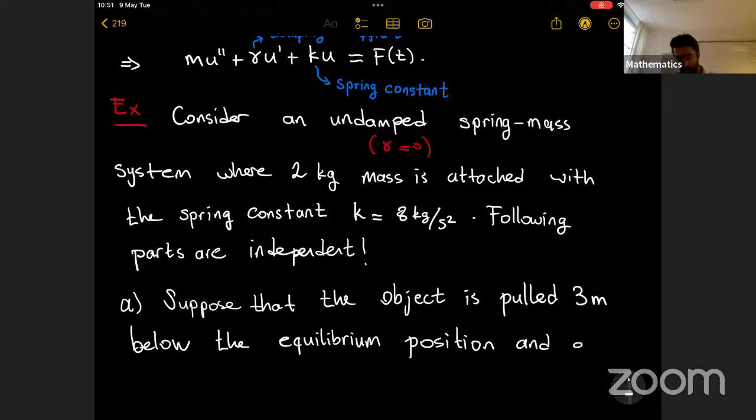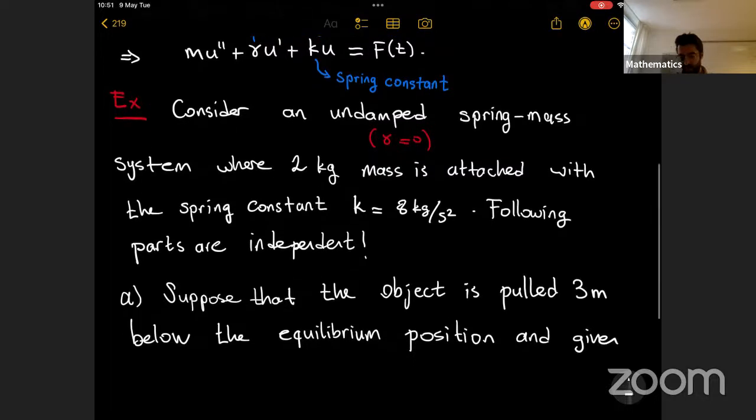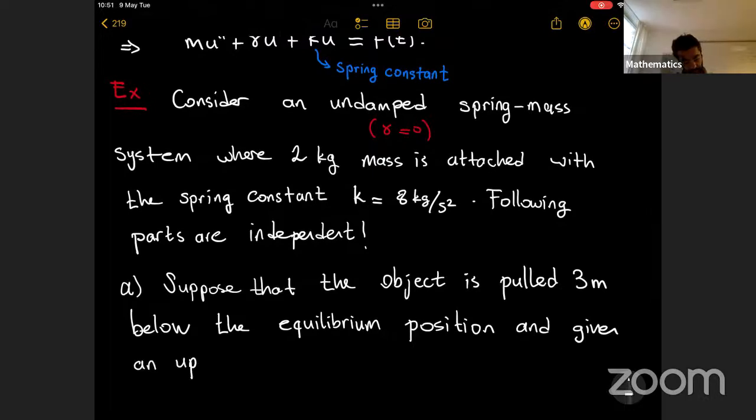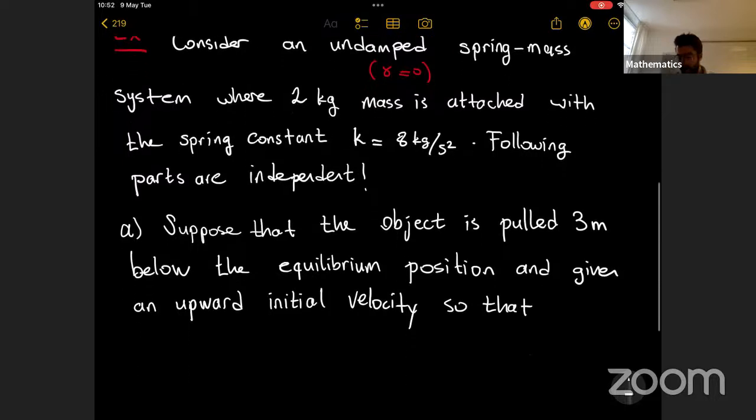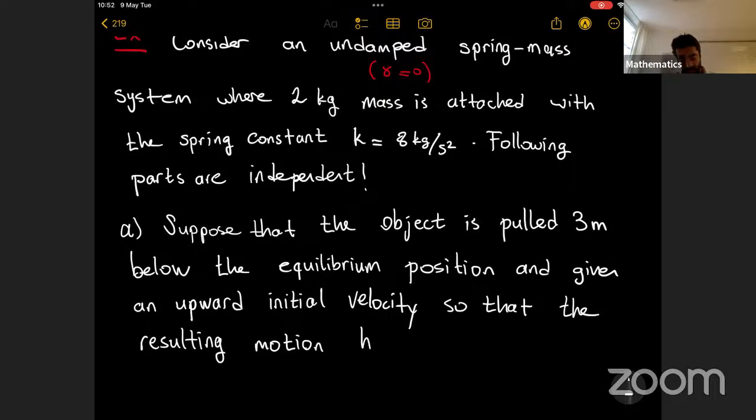And given an upward initial velocity, so that the resulting motion has an amplitude of 6 meters.